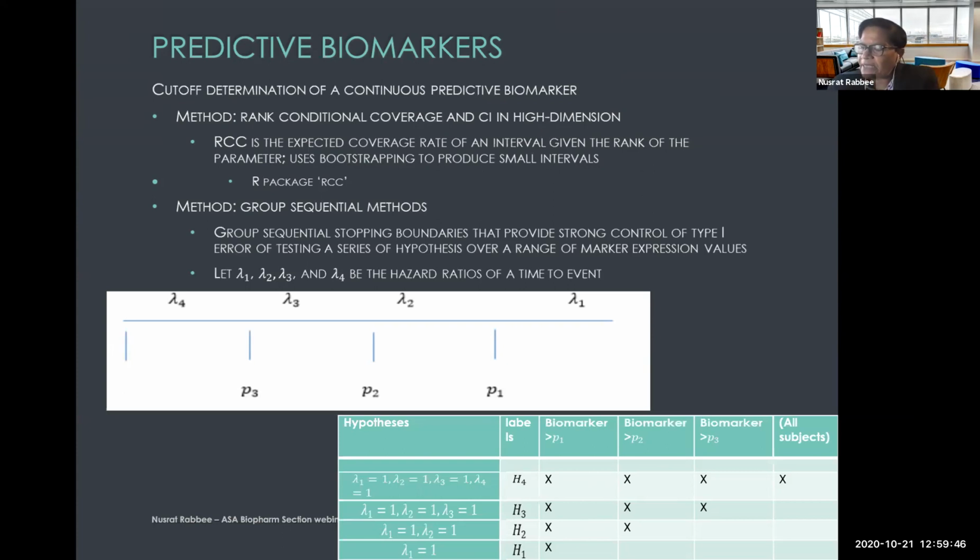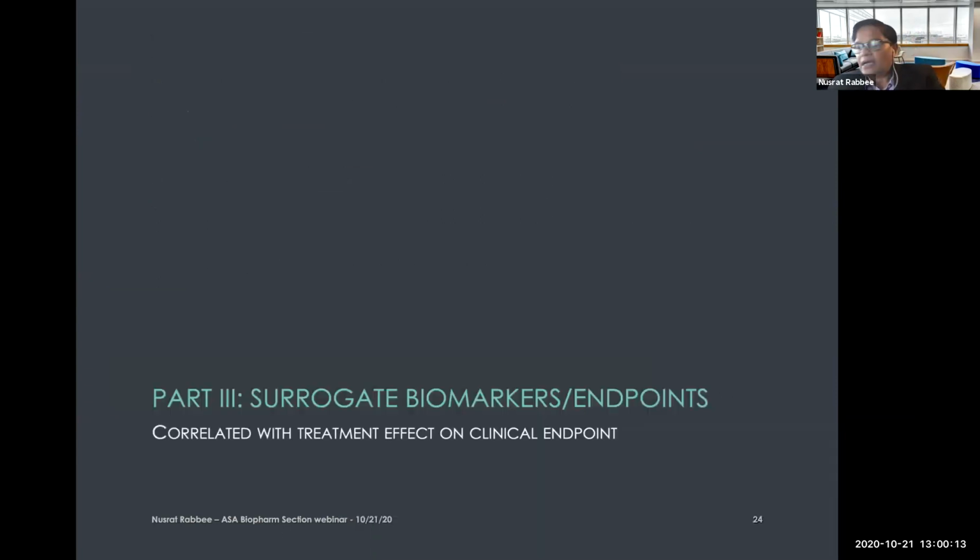So basically, the power and sample size and z-score thresholds are available, and I've implemented that in R, just using group sequential. You have a flexible alpha spending, and you identify the region where the treatment effect is the greatest. Once you find out, then you can design your phase 3 in the right zone of the biomarker as positive and the rest as negative.